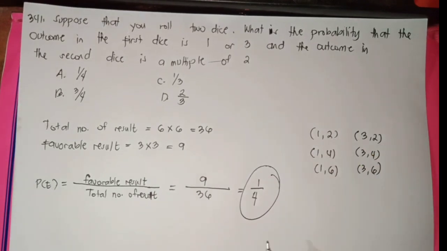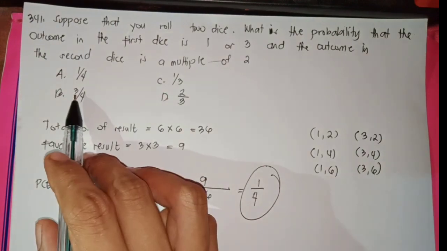So the probability is 1 over 4. The correct answer is letter A.